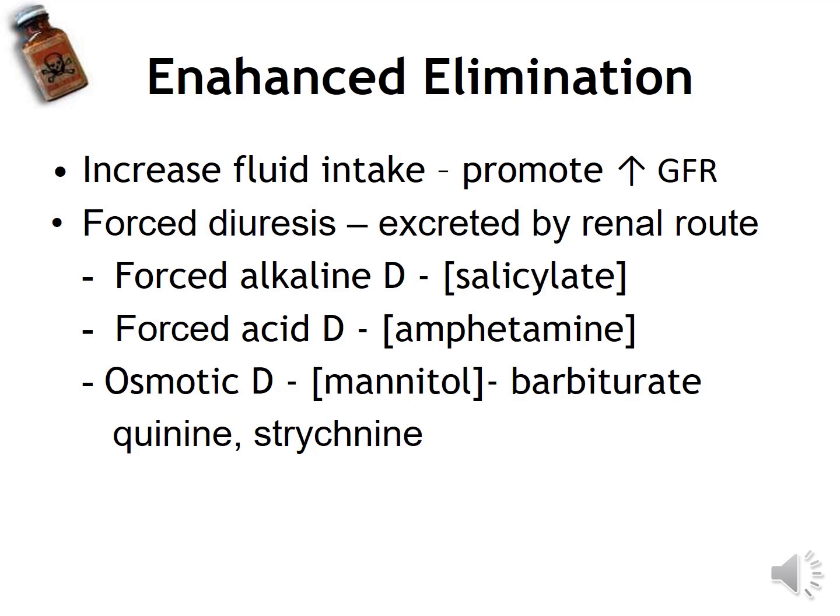Forced diuresis is also done to increase the excretion through the renal route. Forced alkaline diuresis is done in salicylate poisoning. Forced acid diuresis, in amphetamine. Osmotic diuresis, use of mannitol, in barbiturate, quinine or strychnine poisoning.